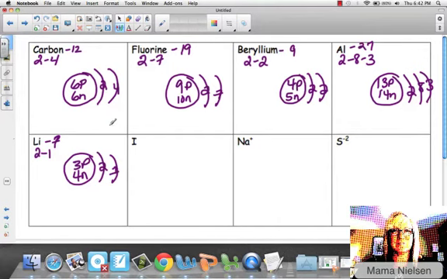Iodine. Iodine has an electron configuration of 2, 8, 18, 18, 7. It's a big one. And it has 127 as a mass number.